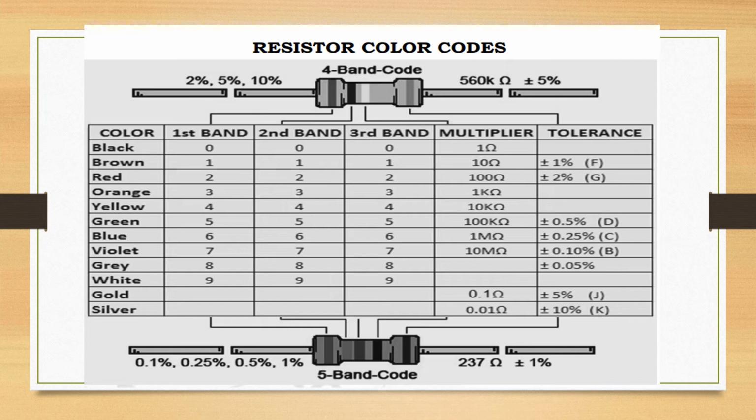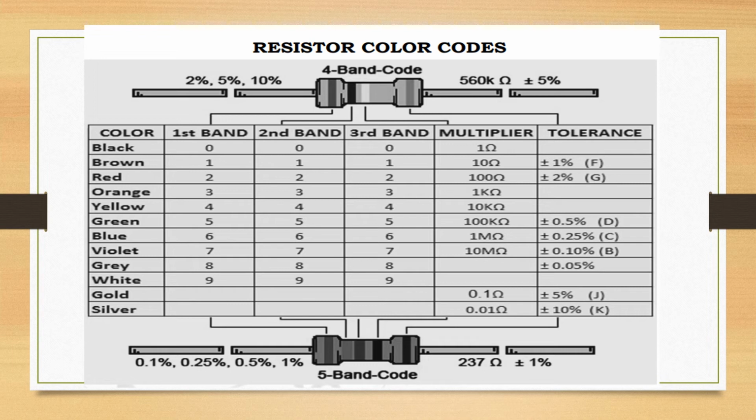While orange has an equivalent of 3 from the first band to the last band, and its multiplier is 1 kilo ohm. There's no tolerance for orange. For yellow, first to third band, it's 4, and the multiplier is 10 kilo ohms.